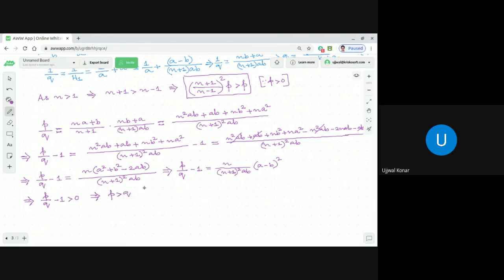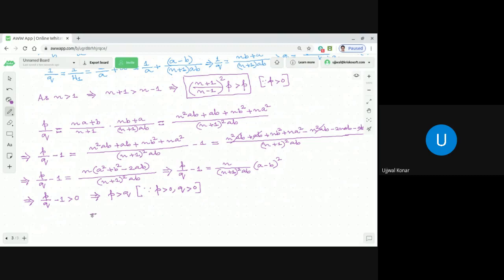We cannot write this always. Since p is positive and q is also positive, only then can we write this. If you multiply both sides of the inequality by a positive quantity, the sign of the inequality doesn't change. So we get p is greater than q, correct or not?